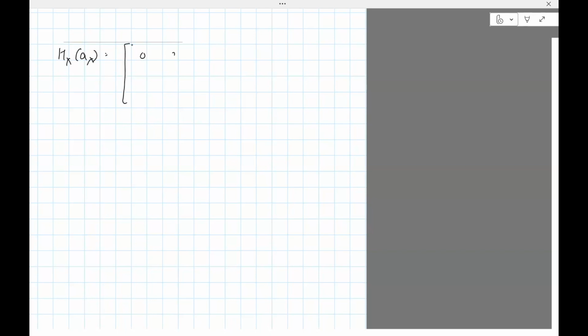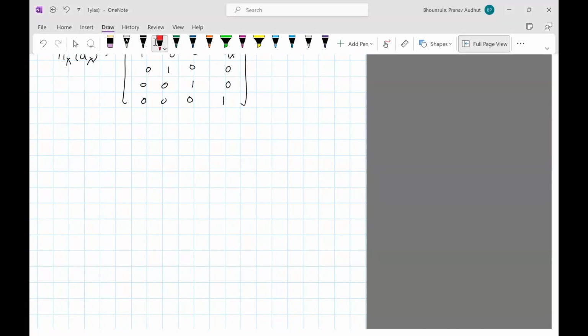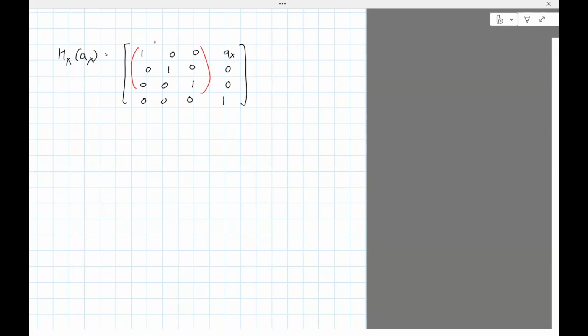So the rotation piece would be simply the identity matrix. So the first three rows, first three columns is I. Now there's ax for the x direction, 0, 0. So it's only translation about the x-axis, and then these are just placeholders. So here we have this piece, which is an identity matrix because there's no rotation, and this piece, which is the translation.